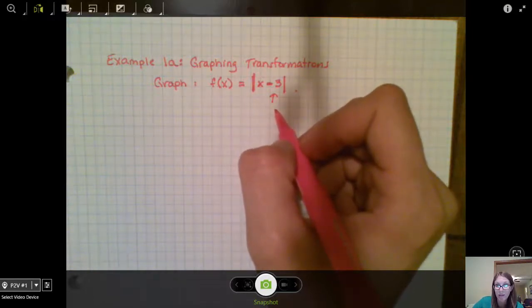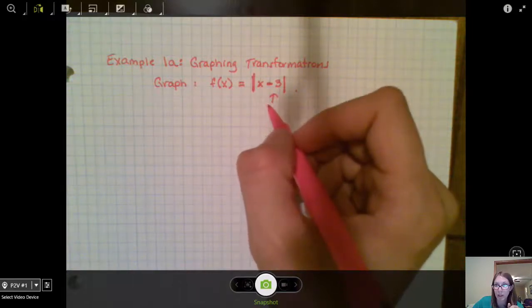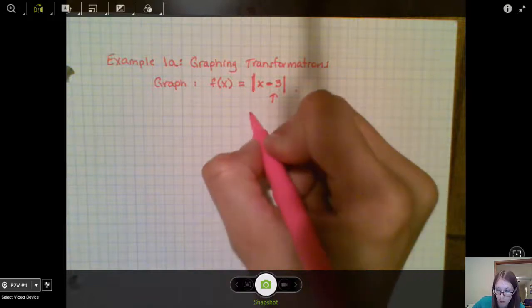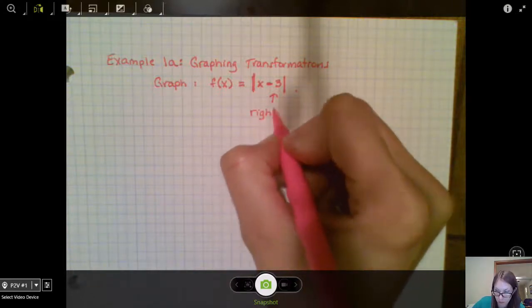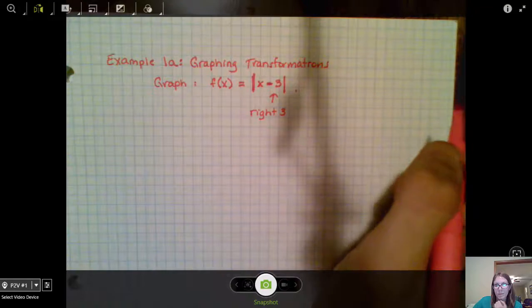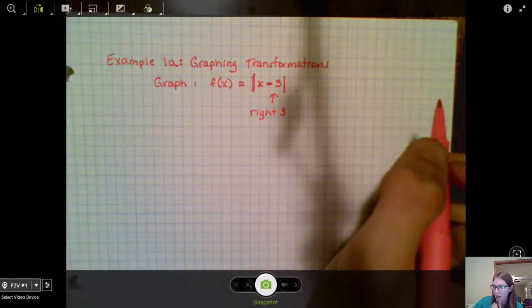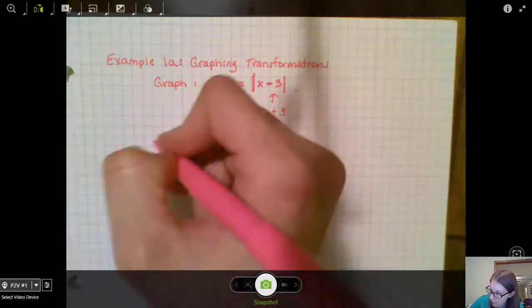And also, whenever we have something on the inside, our transformations are the opposite of what we think. So this minus 3 on the inside is really going to go to the right 3. All right, so this brings us to our graph.